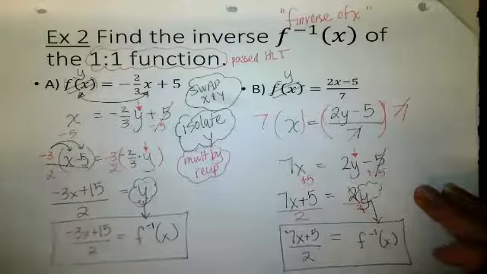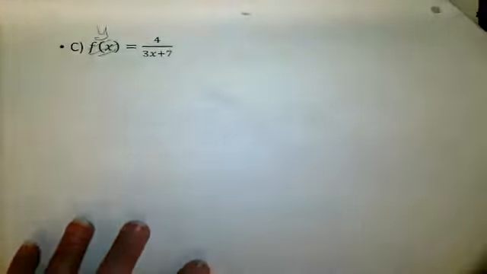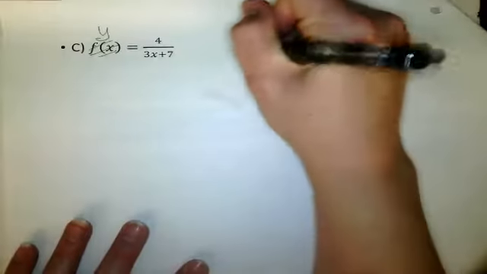One more. This one's the hardest one. Last one. f of x equals 4 over (3x plus 7). So f of x is the same thing as y, and the first thing we want to do is swap our x's and y's.